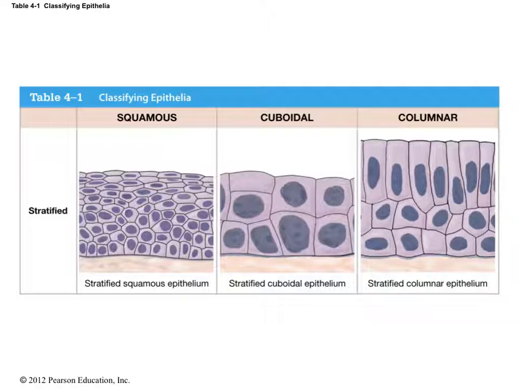In this image, we're able to see stratified. We have stratified squamous, which again is multiple layers of squamous cells, stratified cuboidal, which are multiple layers of cube-shaped cells, and stratified columnar, which are multiple layers of rectangular-shaped cells.